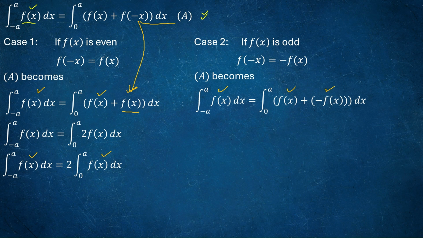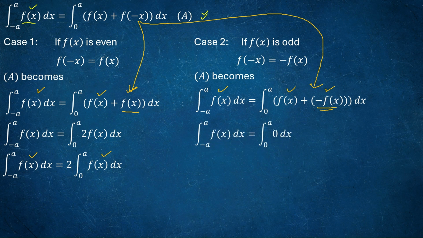Here in the expression a, f of minus x has been replaced by minus f of x because the function is odd now. So this integral can be written as the integral from minus a to a f of x dx is equal to integral from 0 to a 0 dx because f of x and f of minus x will cancel each other. So the integral from minus a to a f of x dx is equal to 0 when the function is odd.